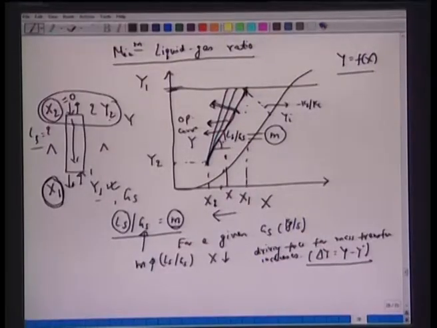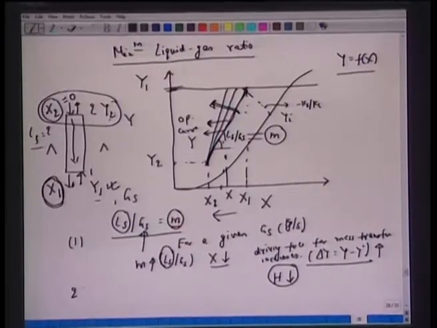And if the driving force increases, we expect the height of the column to decrease. So taking a large amount of liquid, we have a reduction in the height of the column, and the concentration of the liquid exiting this column is also small. We will see what the significance is in a minute.